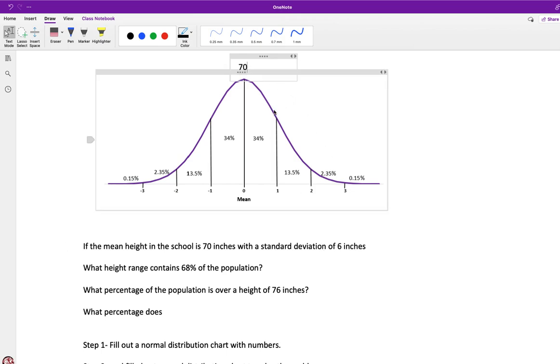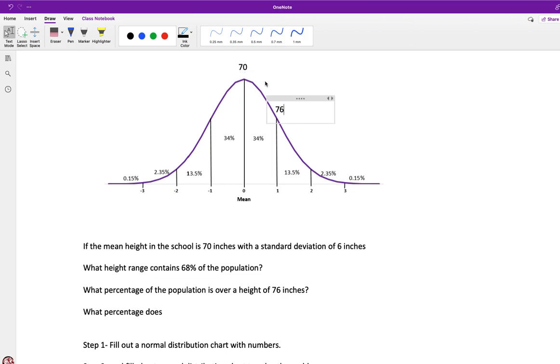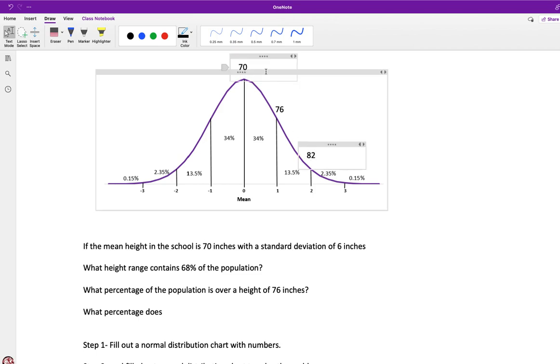If I go to the right, I keep adding 6. So I add 6 and get 76, add 6 and get 82, and then add 6 and get 88. Plus 1, I add 1 times 6. Plus 2, I add 2 times 6. Plus 3, I add 3 times 6.